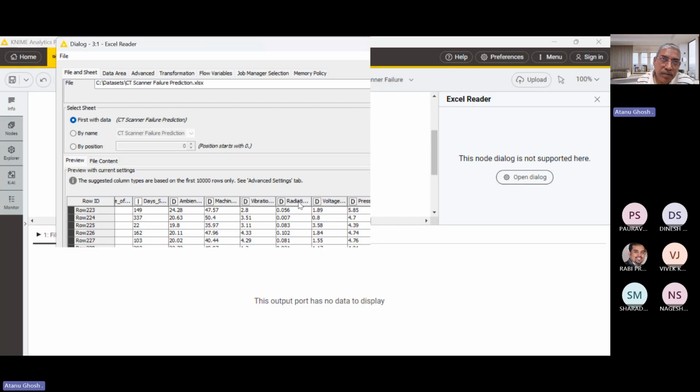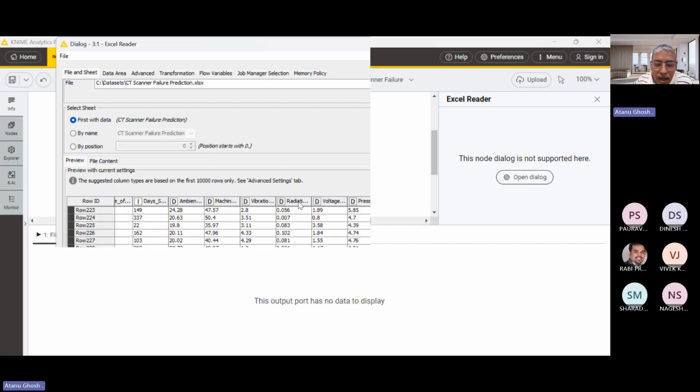Am I making sense? The engineers say that I know that if the radiation leakage is more than 10%, the machine is surely going to fail. I have an engineering formula. We all know what kind of engineering formulas there are, various kinds, thermodynamics, etc. I've forgotten all of them, but you are doing engineering work, so you will know.